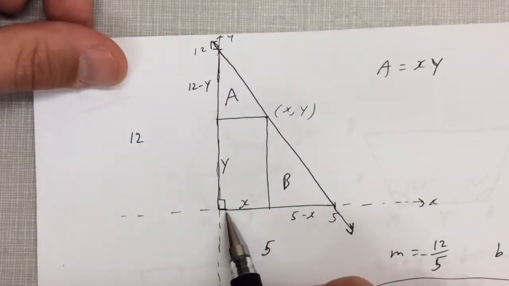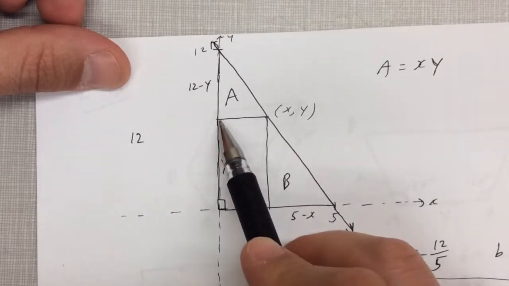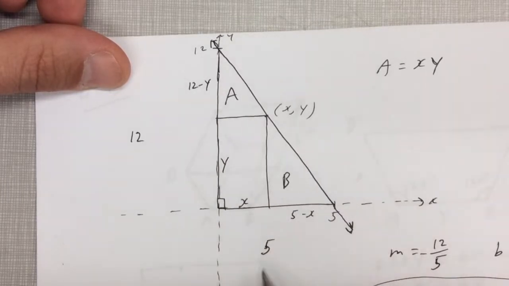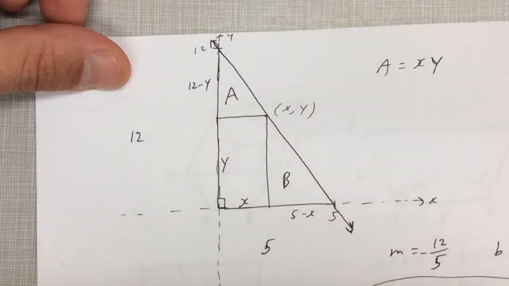If we let the base of the rectangle be x and the height of the rectangle be y, then we know the base of the triangle is 5 and the height of the triangle is 12. Then this piece is 5 minus x, and that's going to be 12 minus y.